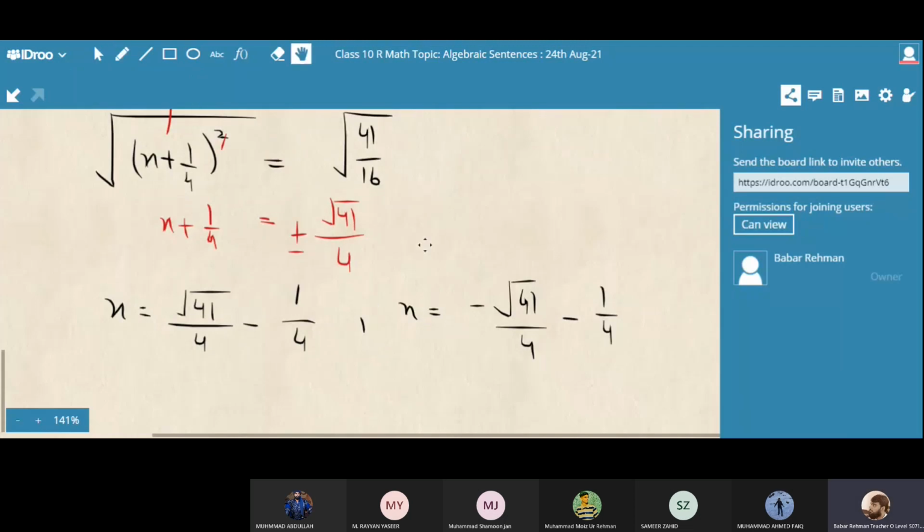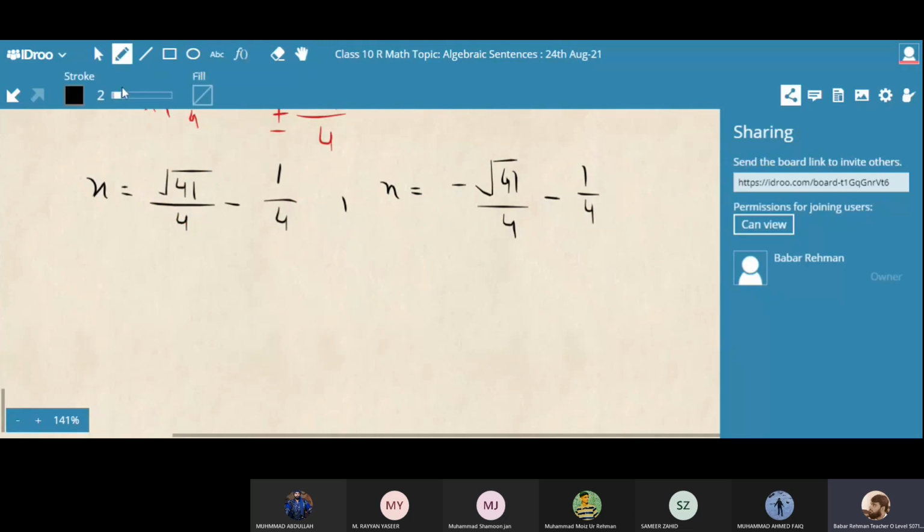Now you have to just simplify and write your final answer. x is equal to, over 4, you can write root 41 minus 1, because the denominator is the same.